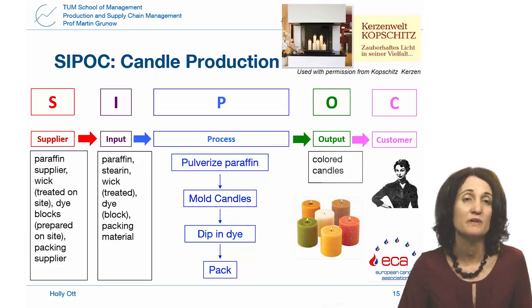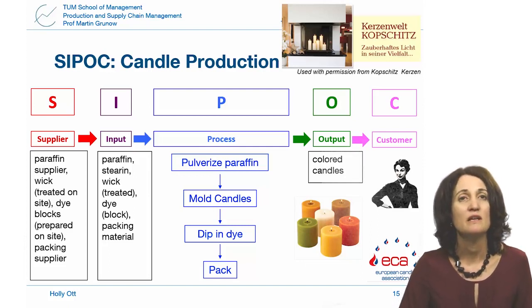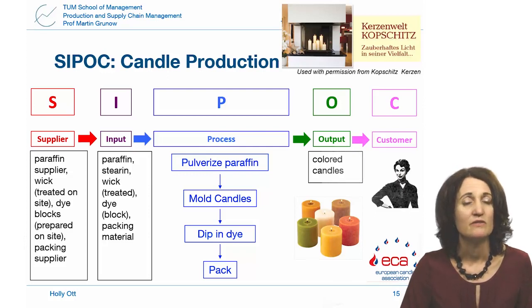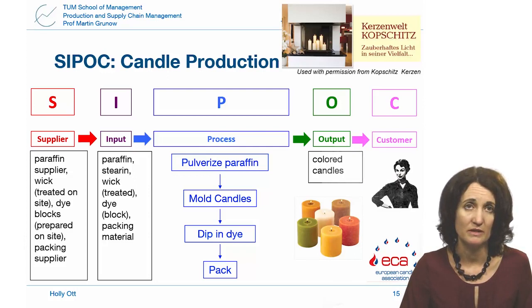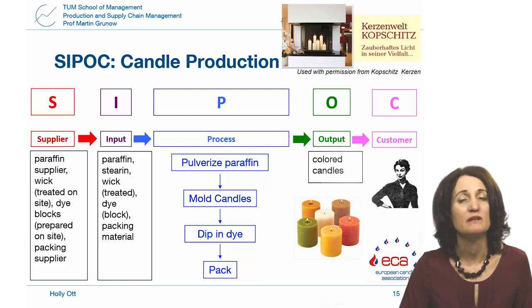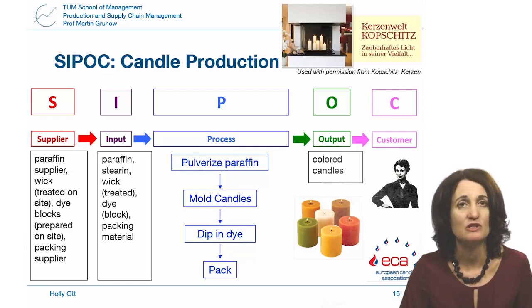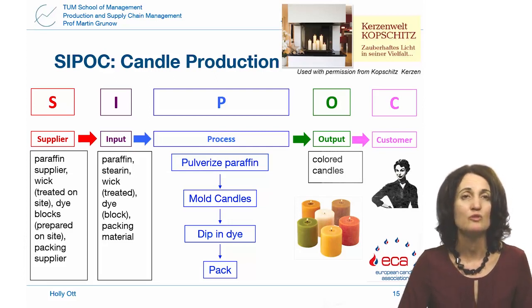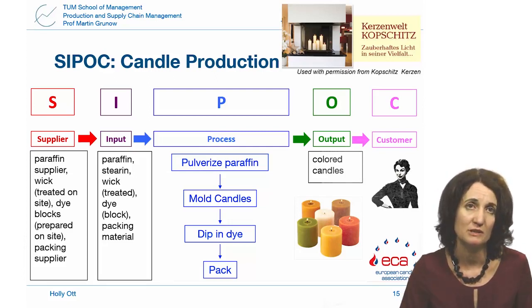This is here the European Candle Association. They specify, for example, how much soot your candle can generate. And so your customer could also be these specifications, so that you can put a particular label on your candle and show that you meet these quality specifications.